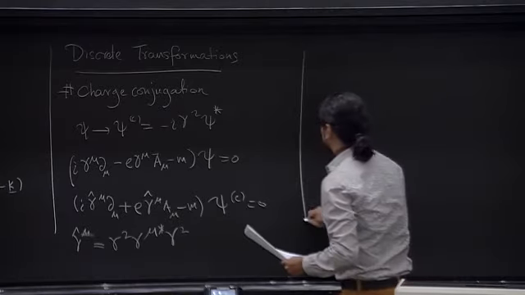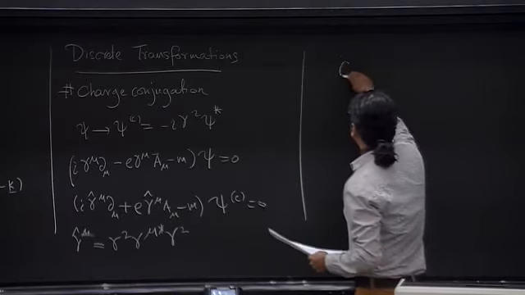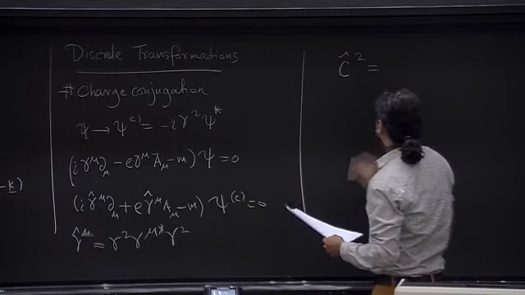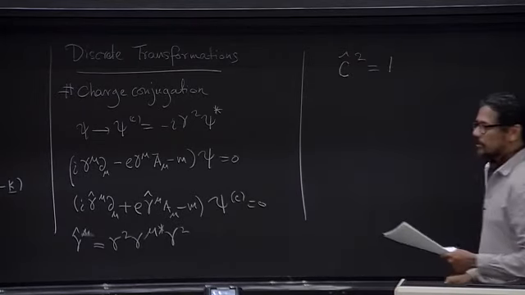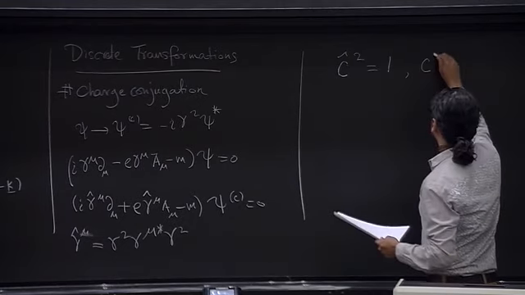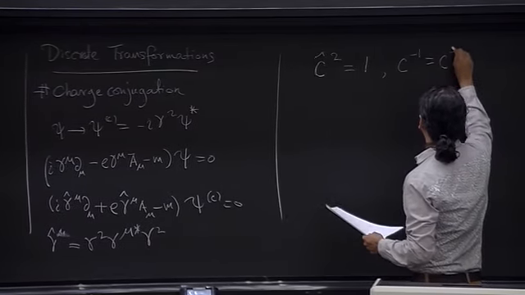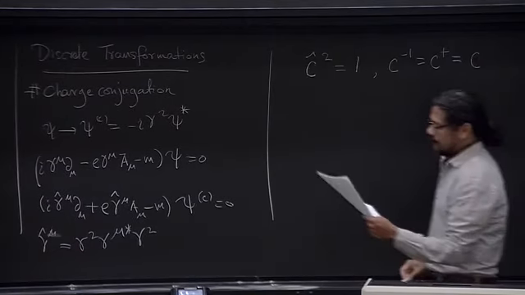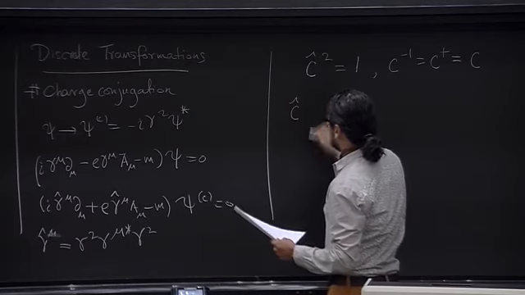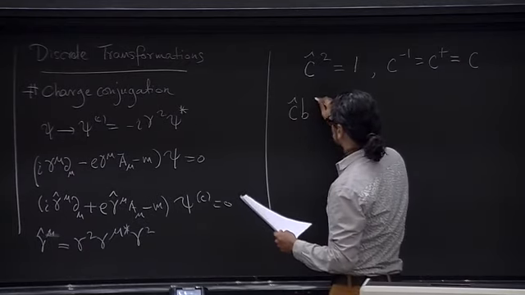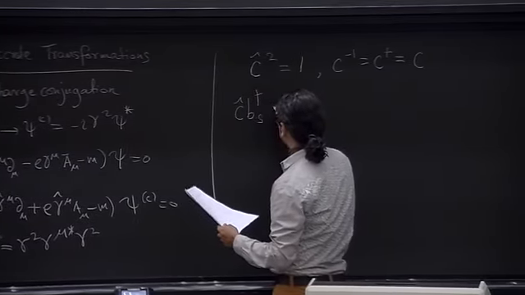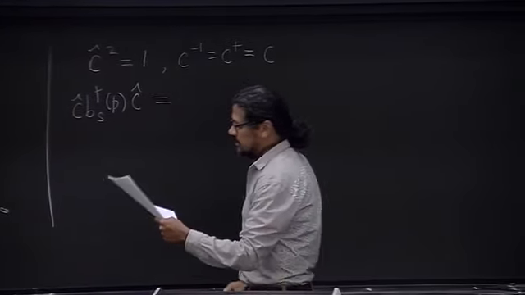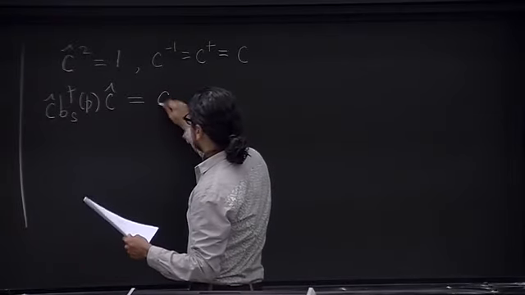In terms of mode operators, you expect the charge conjugation operator, which, since it's a conjugation operator, should give you 1 upon squaring. That means that C inverse equals C dagger. It's unitary, but that equals C. So the charge conjugation operator on mode operators should take the creation operator for a particle to a creation operator of an antiparticle.